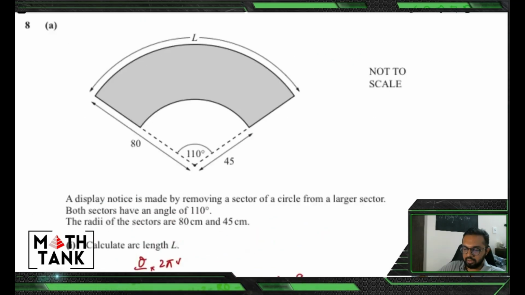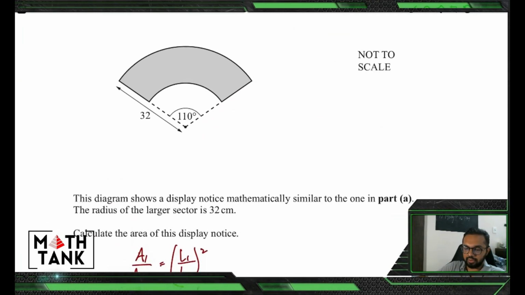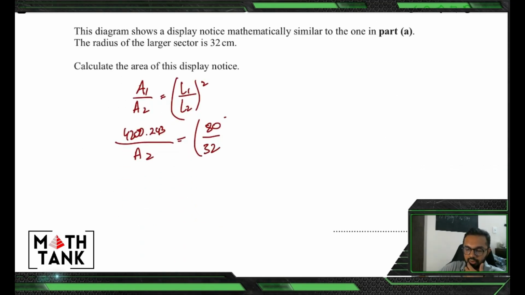The larger sector was 80 before, the smaller one is 32, so I'm taking comparable sides and then calculating accordingly. 80 divided by 32 squared is 25 over 4, which is 6.25. 4200 divided by 6.25.